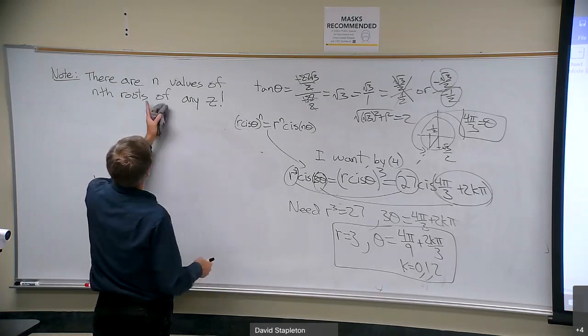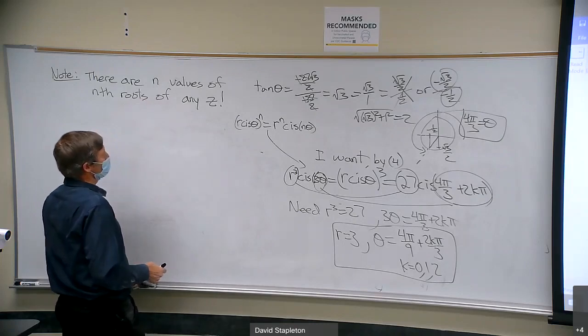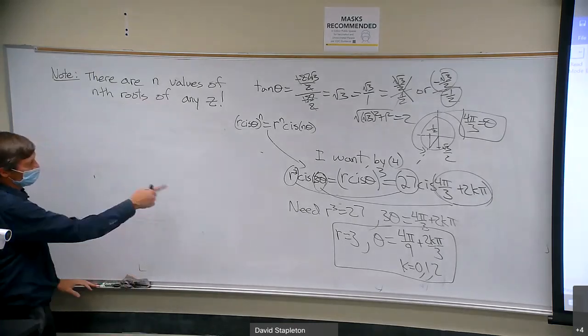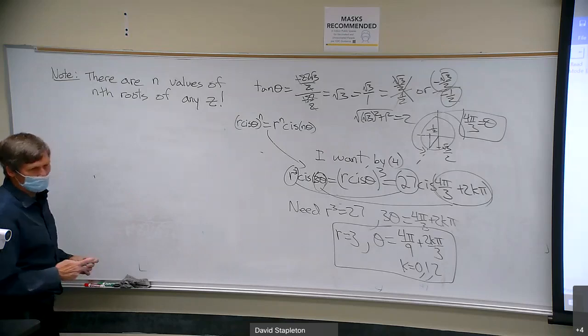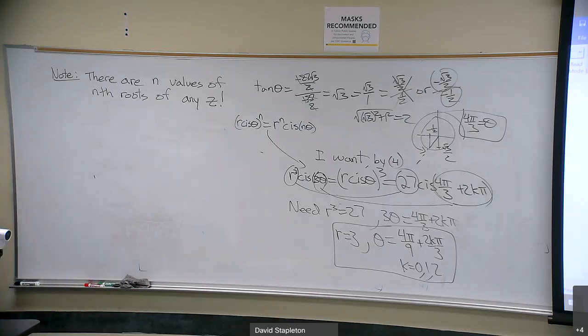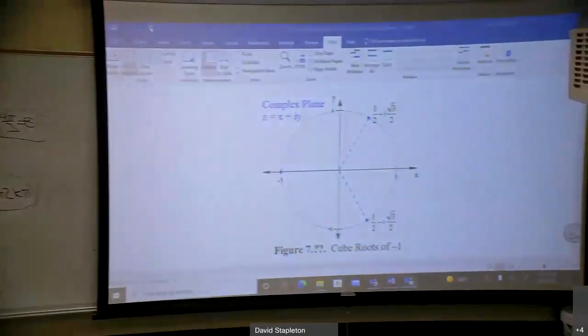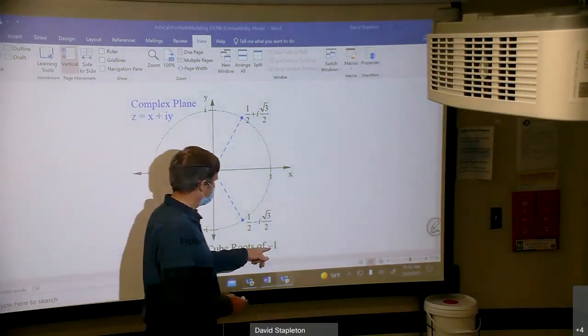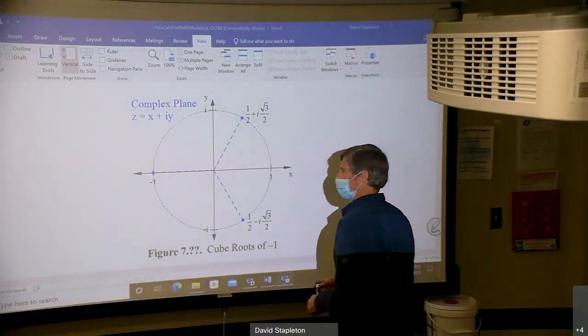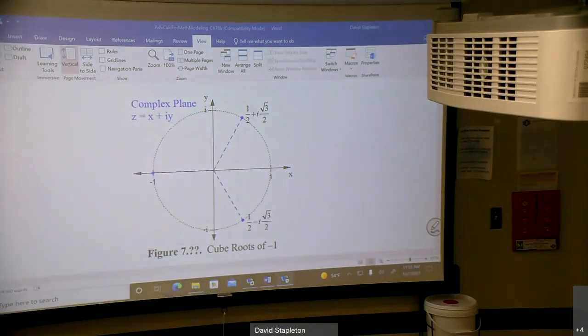We'll always get n values for the nth roots of z. Cube roots, we get 3 of them. 4th roots, we get 4 of them, and so on. And here, let me give you the picture that I put up earlier and see if I can move this over now. Here's a good example. Suppose I want to find the cube roots of negative 1. In fact, let me move this over and I'll do this one as the next example.